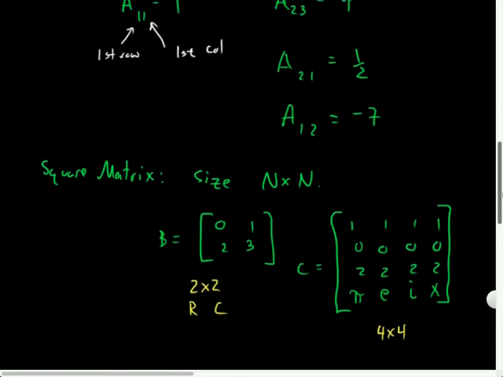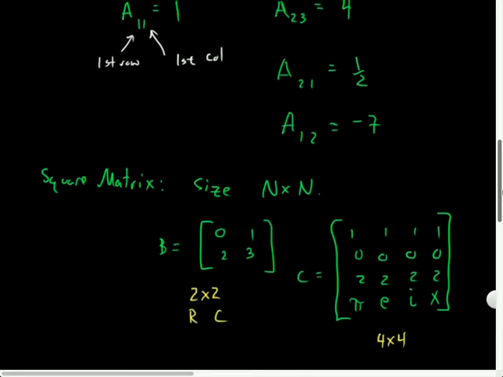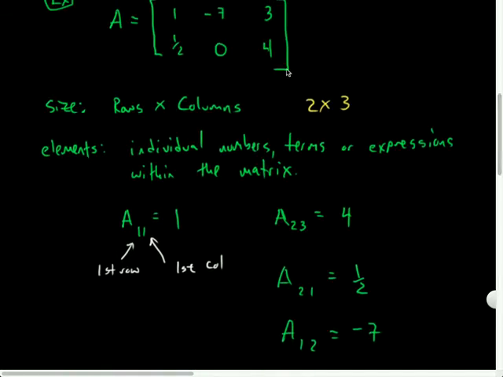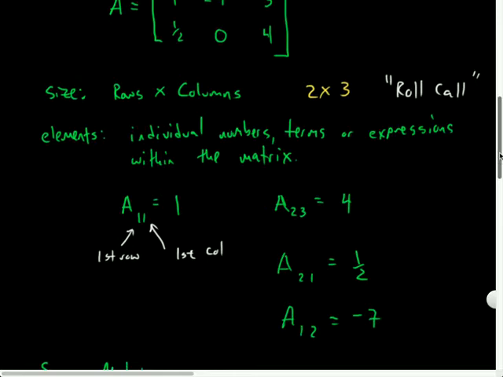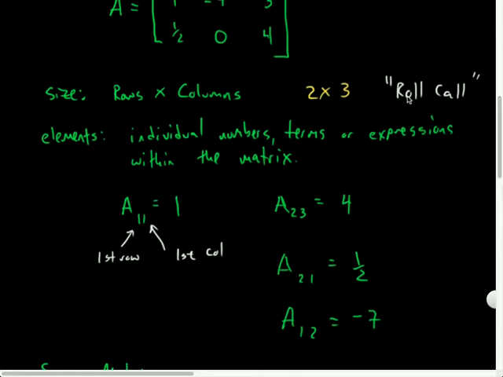The other thing I use to remember rows and then columns is roll call. Like if I was calling off a list of students to determine who's present, which I did take attendance today, I'm quite certain. So row, column, am I right?